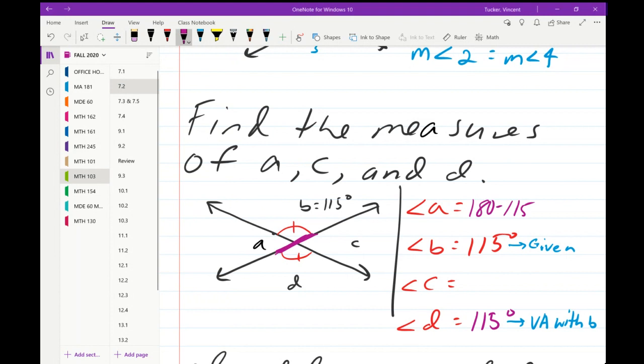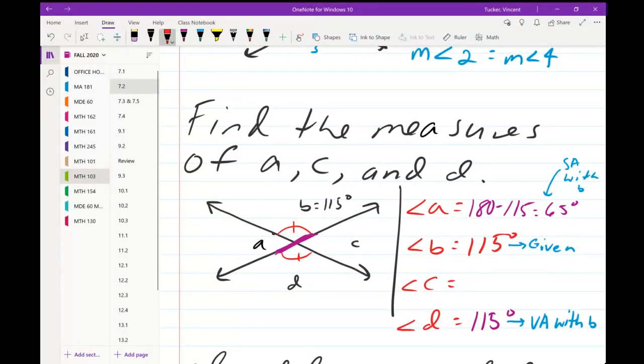So 180 minus 115 will give you 65 degrees. And so you found that because it was a straight angle with B. And the straight line is equal to 180 degrees. So once again, we minus 115 from 180 to figure out what A was.